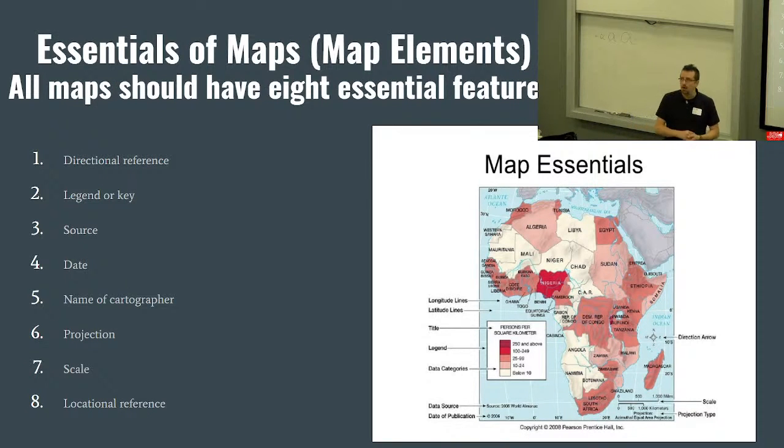And if you're looking at Africa, the equator runs through Africa. So that is another locational reference. Hopefully the prime meridian does as well at some point, through Mauritania and Liberia, I believe. All right, so we have that.